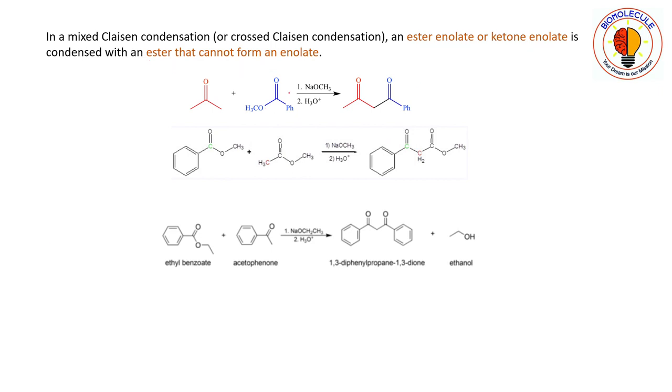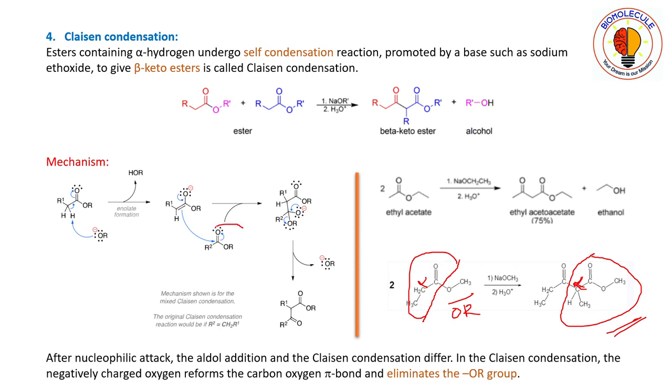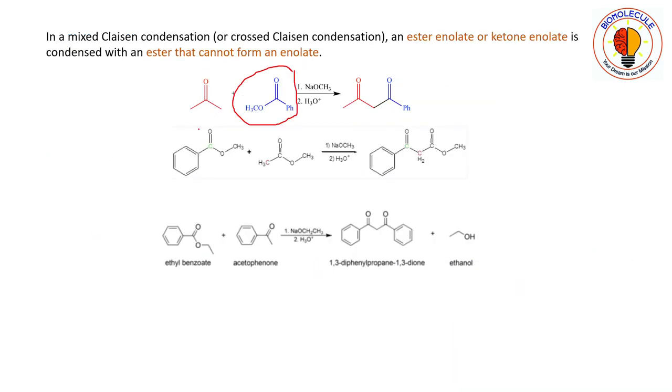This compound is devoid of any alpha hydrogen, so it will only undergo nucleophilic addition. And the esters which cannot form an enolate, that is, the esters devoid of any alpha hydrogen, will eliminate the alkoxy group.